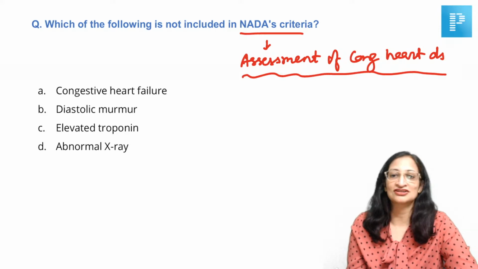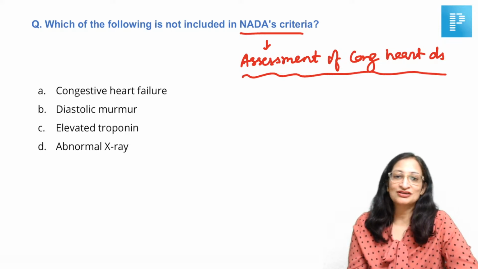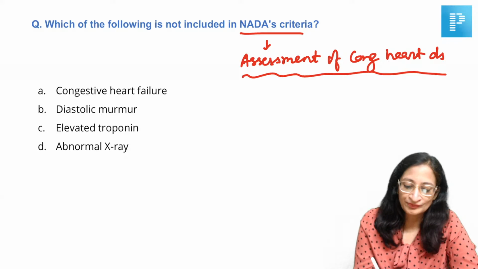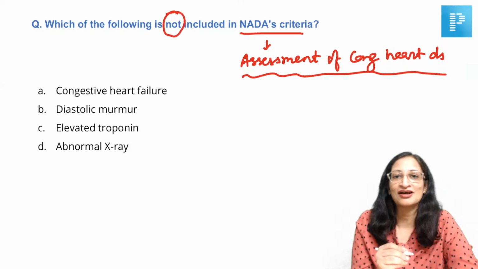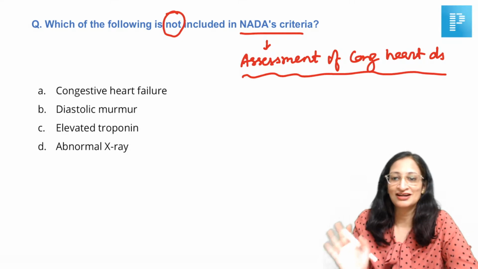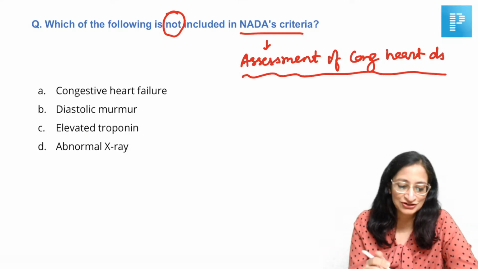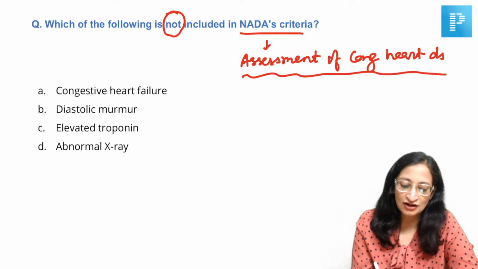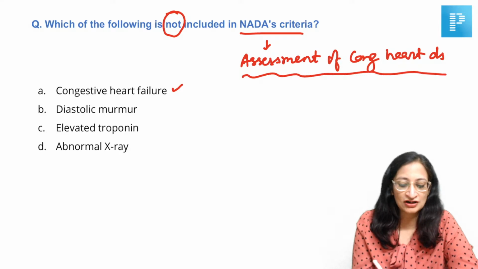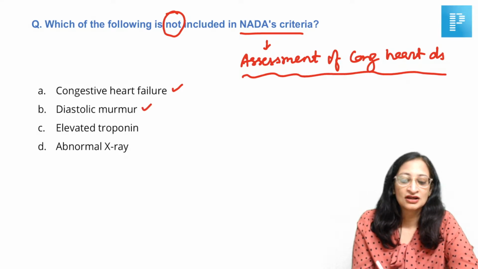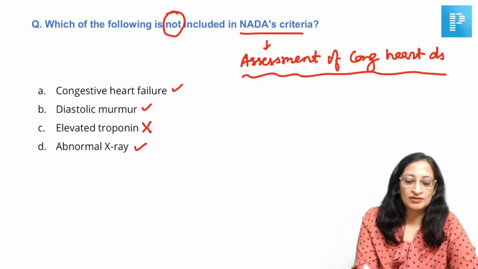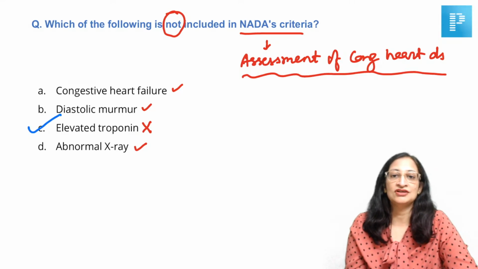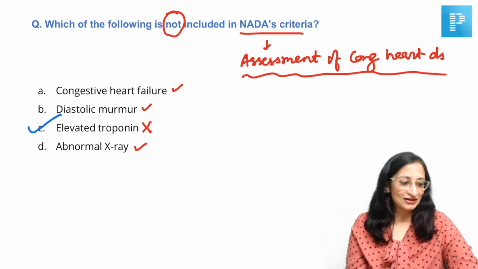Don't miss the word 'not', and don't jump and answer the first option. I'm sure all of you must have answered this question correctly. Congestive heart failure is a component of NADA's criteria. Diastolic murmur is. Elevated troponin is not a criterion. Abnormal x-rays is. So the best answer to this question is C, elevated troponin.